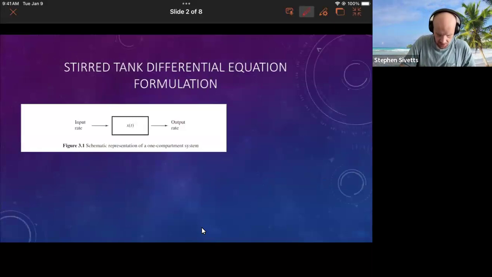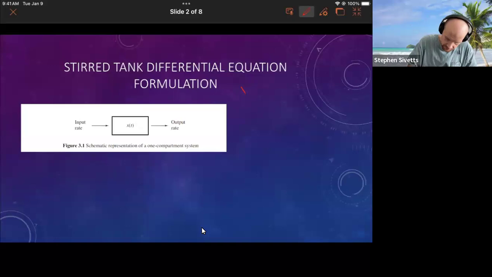The formulation of a stirred tank equation is that x of t would be a function that indicates the amount of a dissolvent.